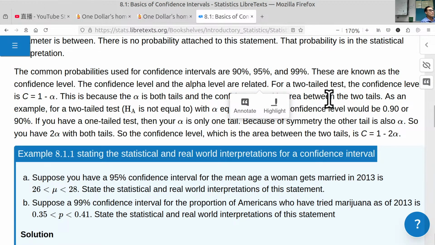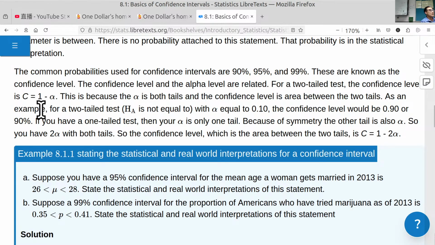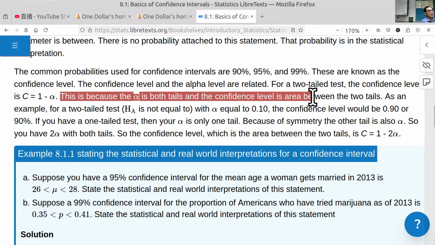Okay, they are related. For a two-tailed test, the confidence level C is 1 minus alpha. This is because alpha is split between both tails and the confidence level is the area between those two tails.